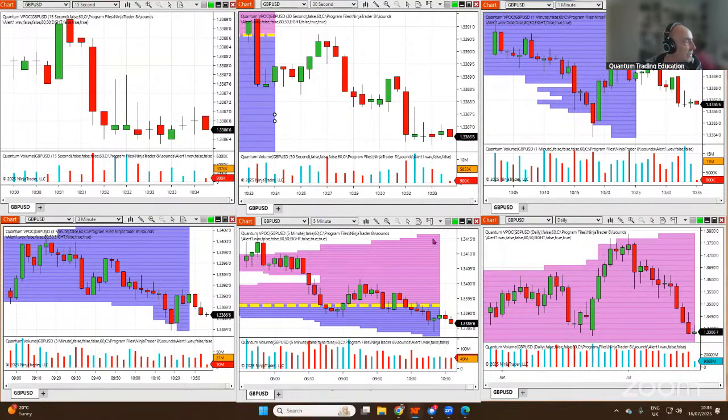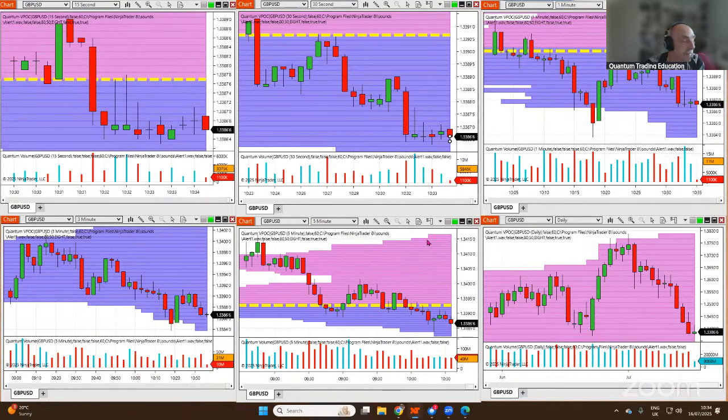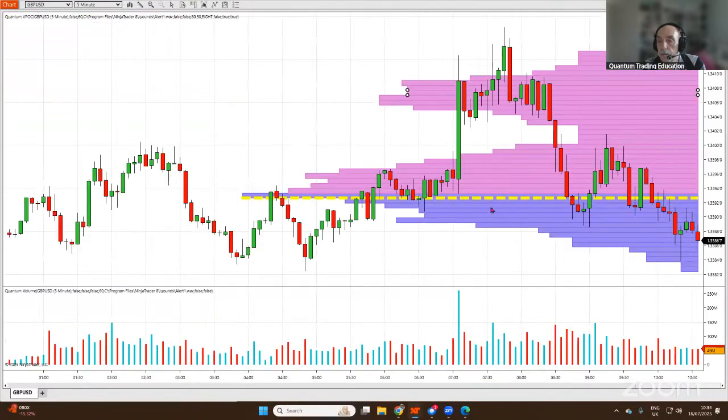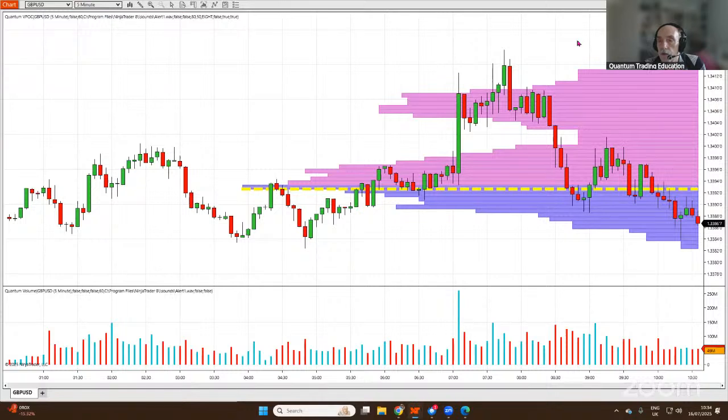And hopefully you can see that coming up. And the volume point of control, let's go to the 5-minute to start with. There we go. What the volume point of control does is it presents volume on the y-axis, in other words on the price axis, as opposed to what we're normally looking at on the time axis.